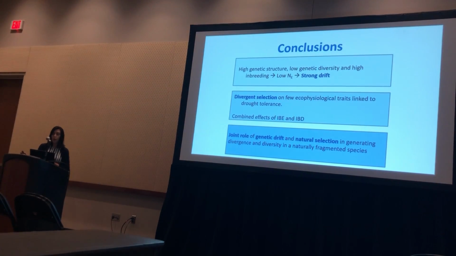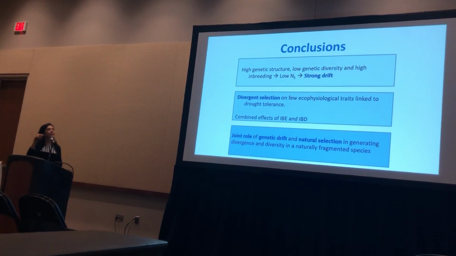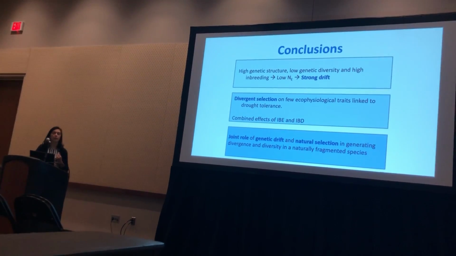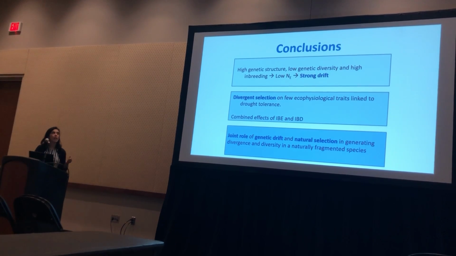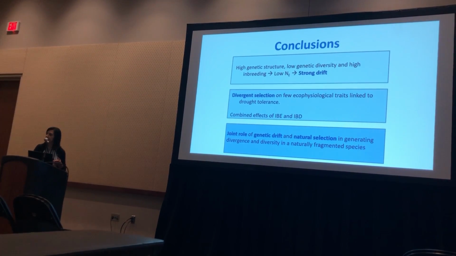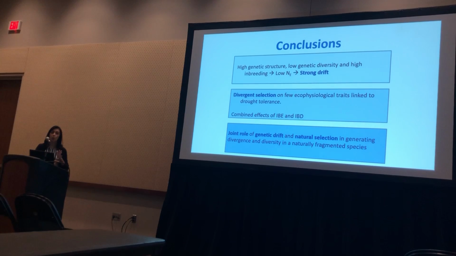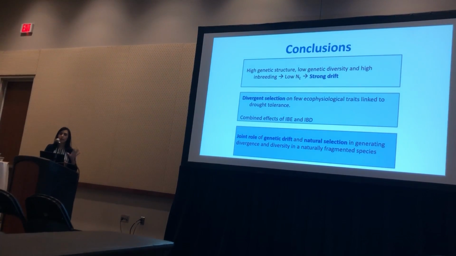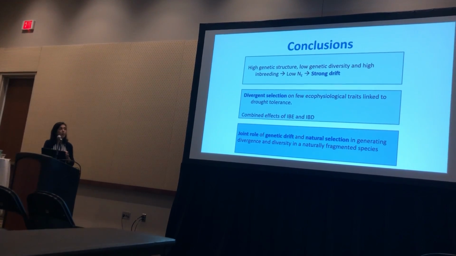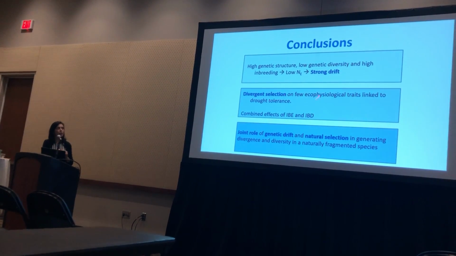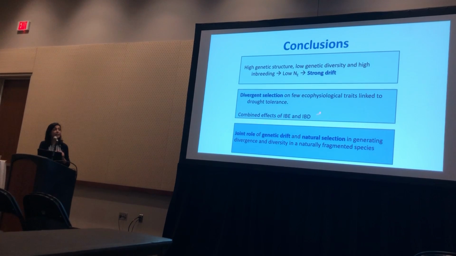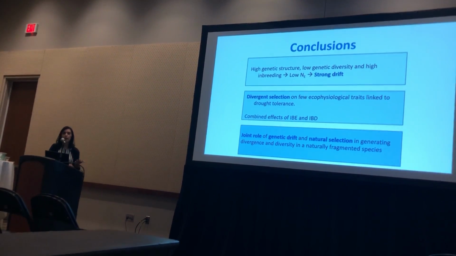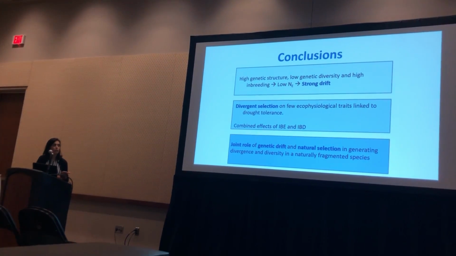So, to conclude, I hope I have shown you that we have very low genetic diversity, very high genetic structure, inbreeding, and low effective population sizes, all pointing to very strong genetic drift. So drift is a really strong power in the evolution of these populations, but we also found some divergent selection on a few ecological traits, and this is in agreement with the combined effects of isolation by environment and isolation by distance we found.